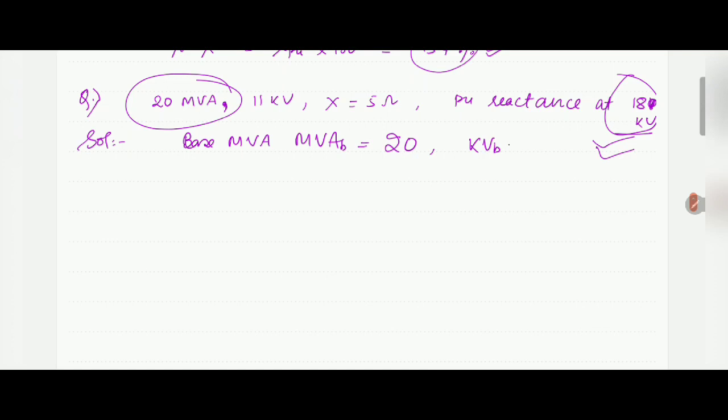So kV base will be equal to 18. So X per unit will be equal to 5 multiplied by 20 divided by 18 square. On calculating we will get 0.3086 per unit or 30.86%.